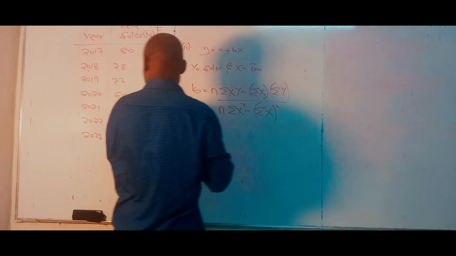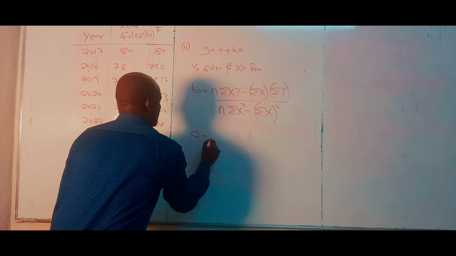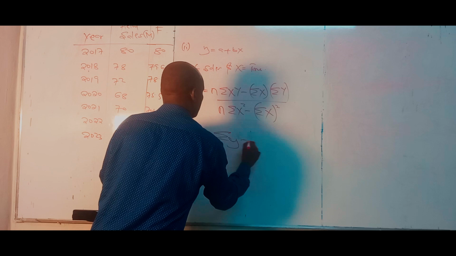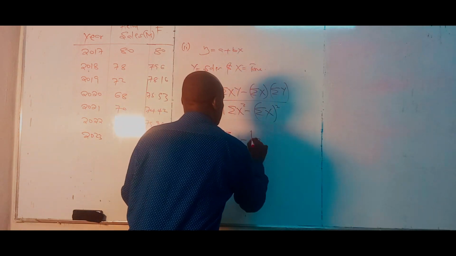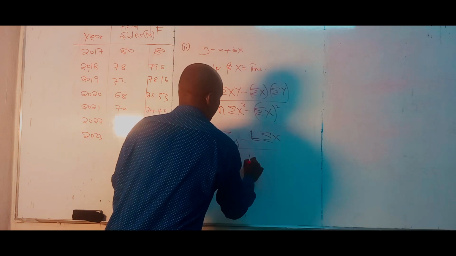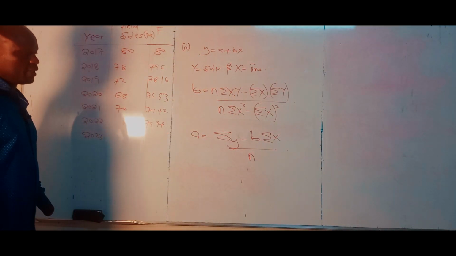Then a is given by summation of y minus b summation of x, all over n.